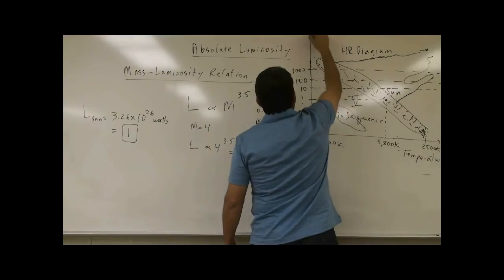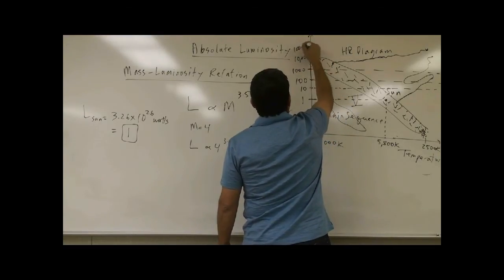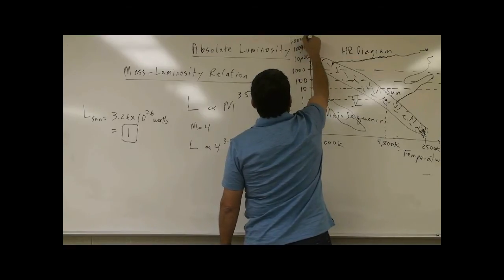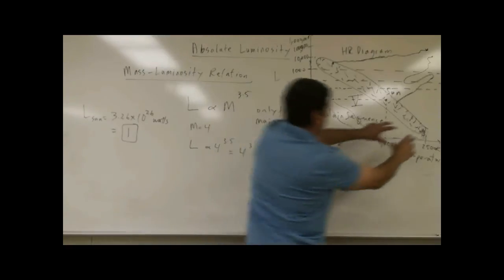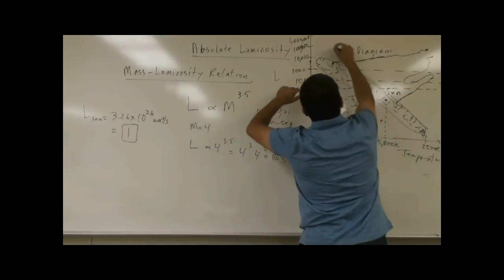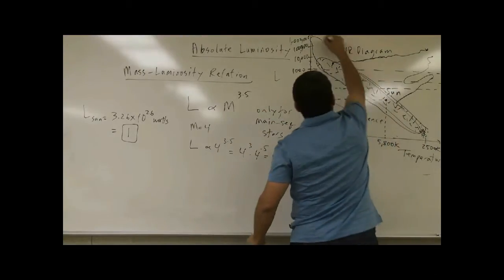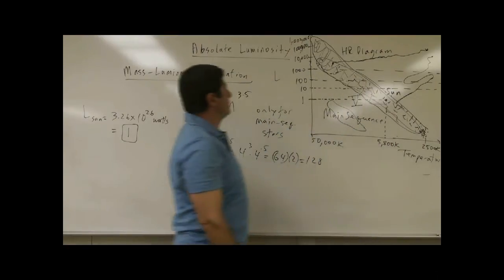And then we can keep going up. 10,000, 100,000, and then 1,000,000. Million is about the top that you can get. So when you complete this HR diagram, we actually go all the way up to the top, and all of this area is filled up.